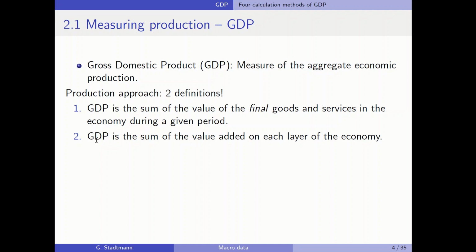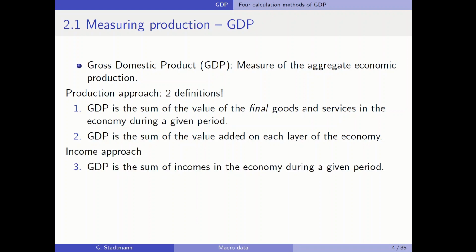Let's be a little bit more specific. There are 2 definitions according to the so-called production approach. First definition, GDP is a sum of the value of the final goods and services in the economy produced during a given period. Definition number 2, GDP is the sum of the value added on each layer of the economy.